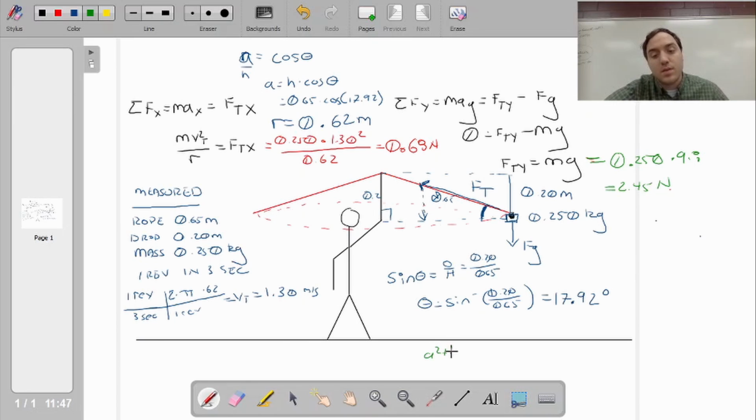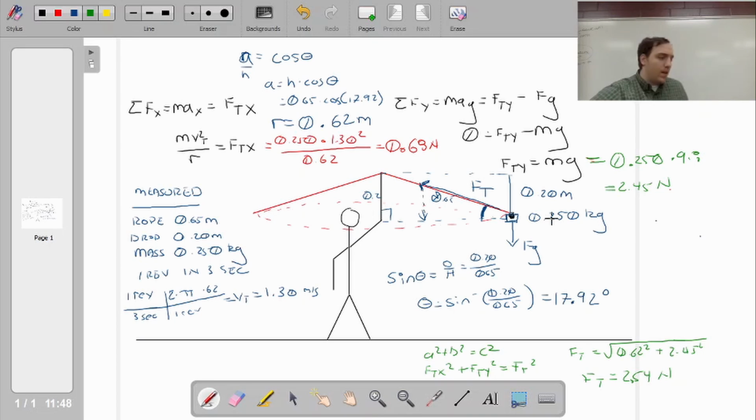A squared plus b squared equals c squared, or in other words, FTx squared plus FTy squared equals FT squared, or FT equals the square root of 0.62 squared plus 2.45 squared, which gives me a total tension of 2.54 newtons.